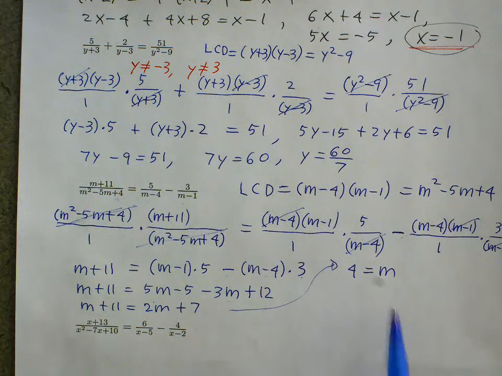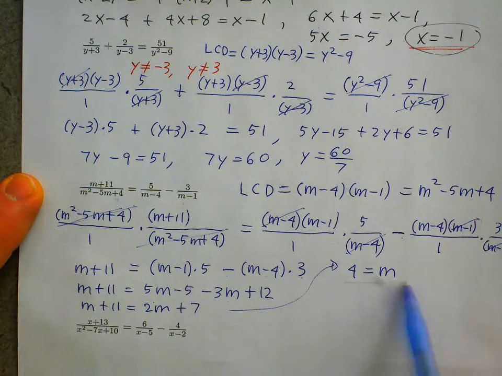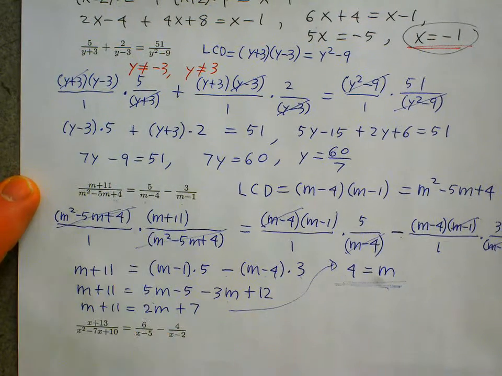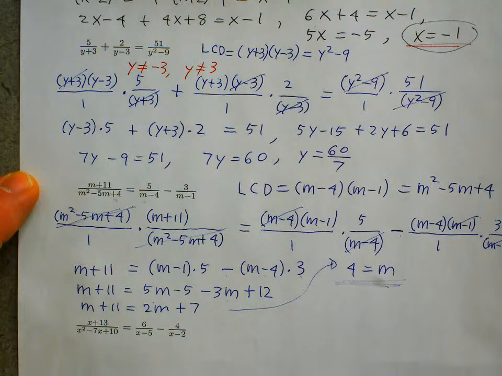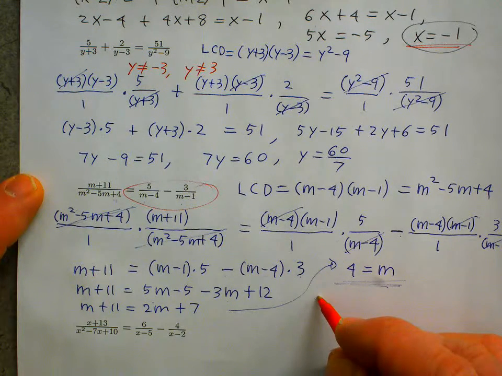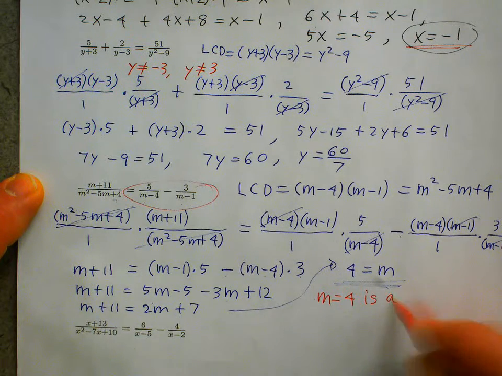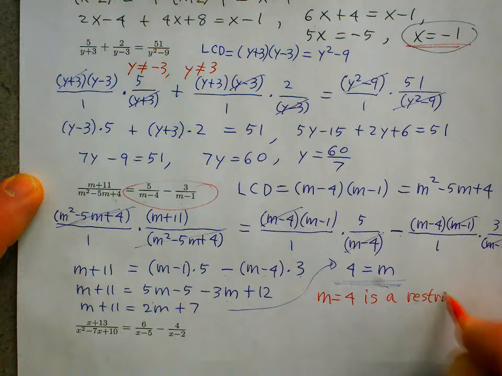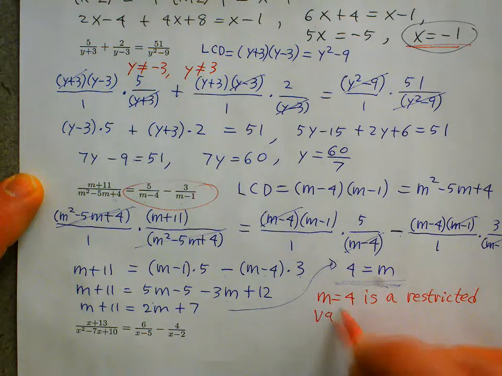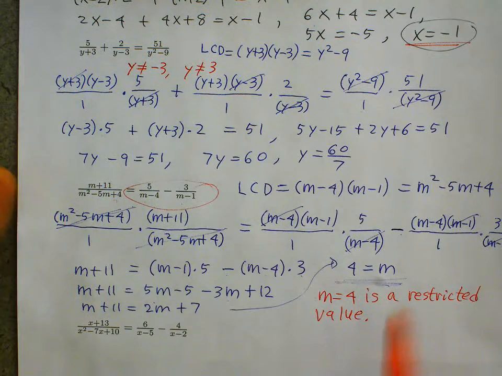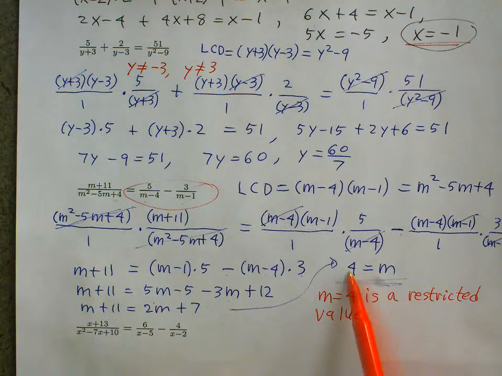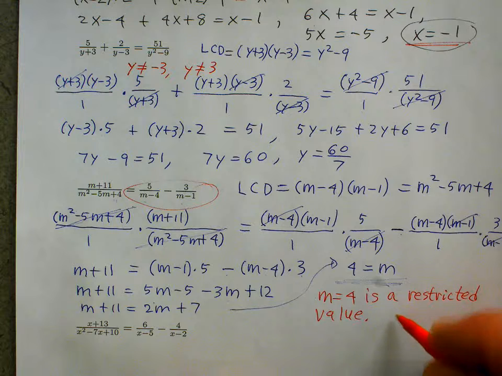Okay, but notice, m equals 4 is a restricted value. And in our process of solving the equation, we only have one candidate for a solution. But since 4 is restricted, we say that the equation has no solution.